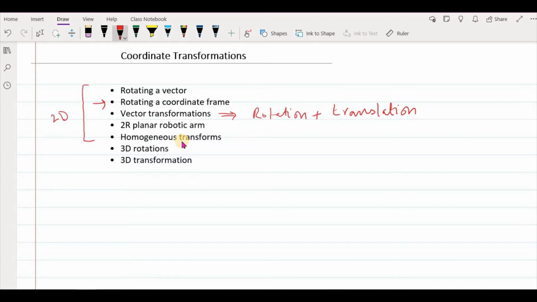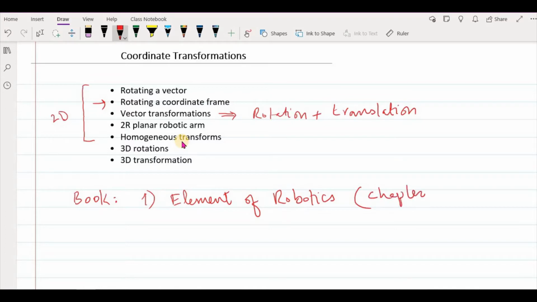Beside this lecture, if you want further reading, I shall suggest you the books. Number 1 is Elements of Robotics, and the chapter is 16. Here you shall find theory about basic transformations.